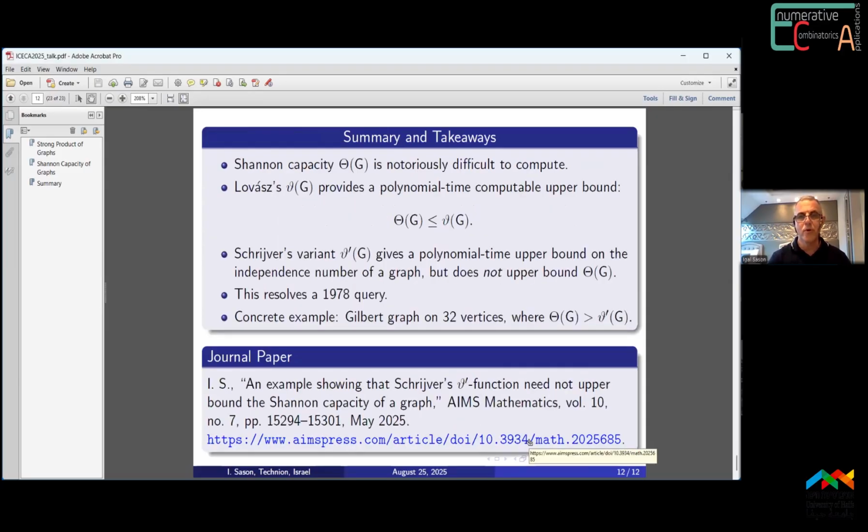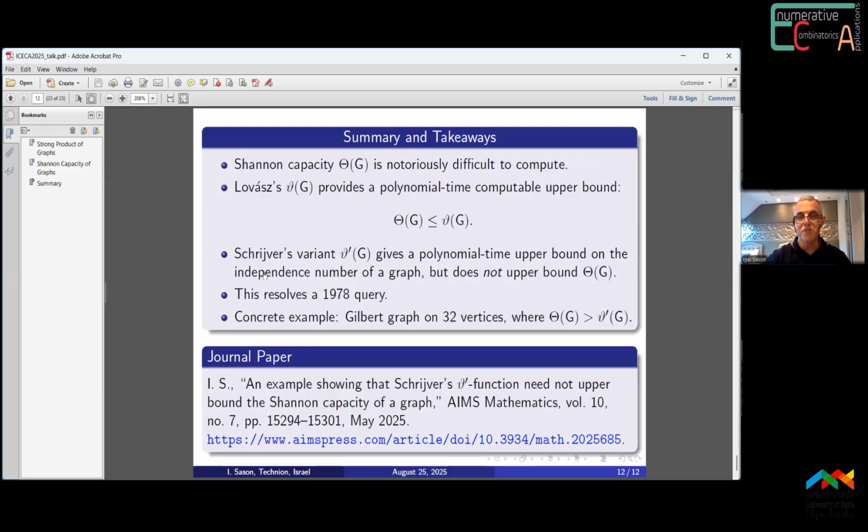So as a summary, the Shannon capacity is notoriously difficult to compute. The Lovász theta function provides a polynomial time computable upper bound on the Shannon capacity, and for some remarkable cases, it is also tight. For example, the Kneser graphs and the self-complementary vertex transitive graphs.